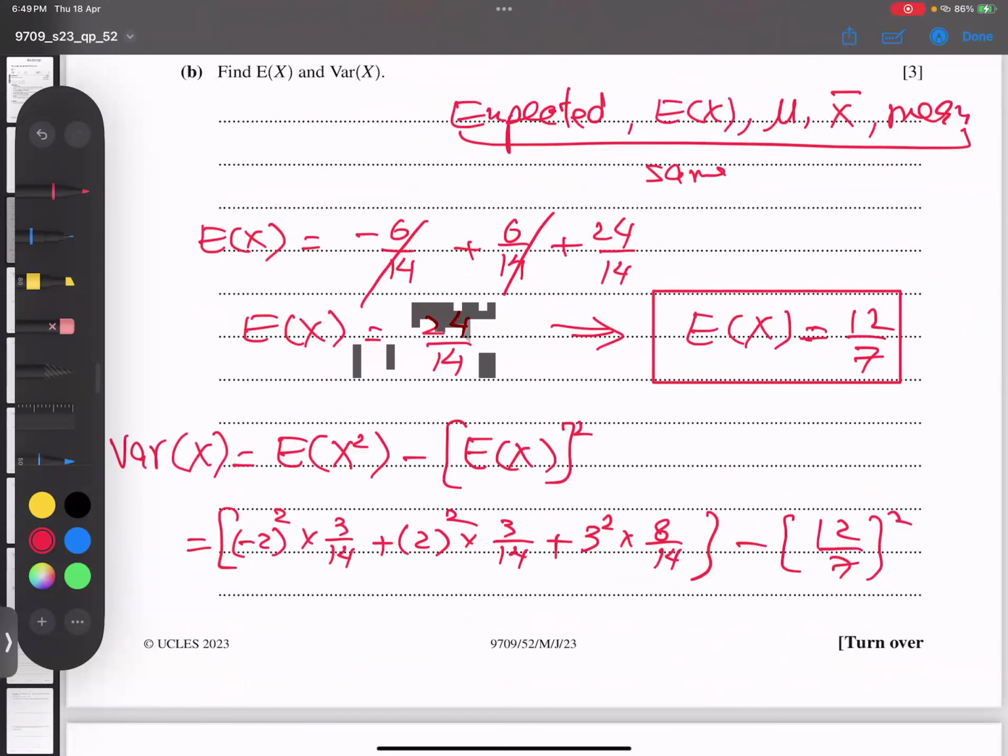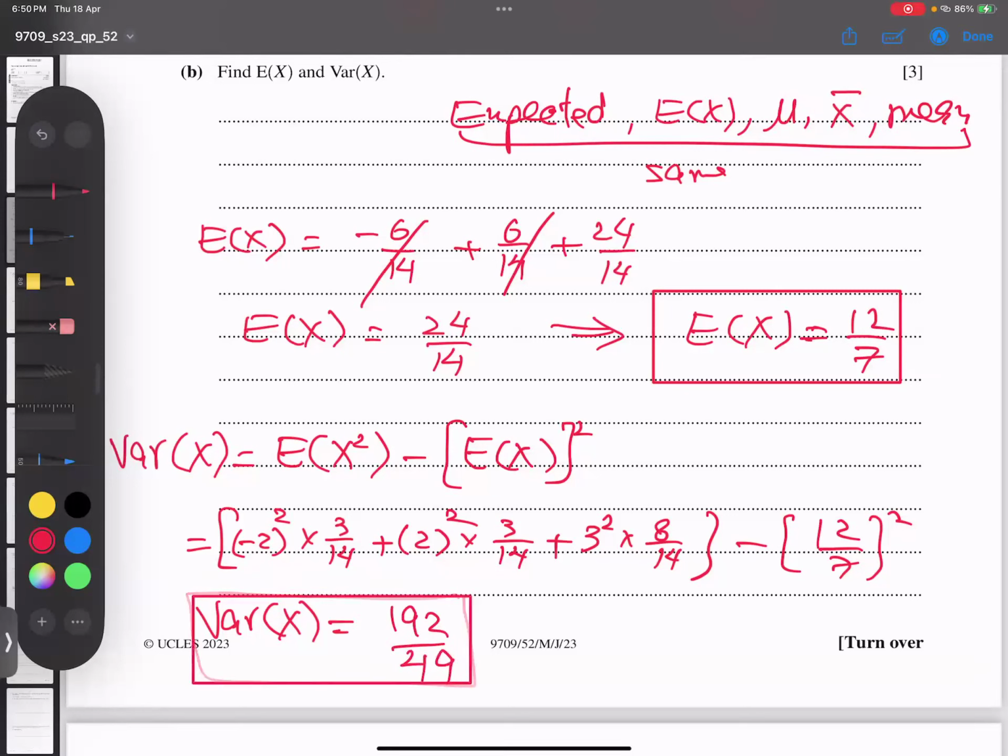If we do this and type it in the calculator, I'm getting the variance as 192 over 49. This is my answer in fraction form. If you want to give it in decimal form, we can do that too: 3.92. Both answers are correct. I hope the concept is very, very clear.